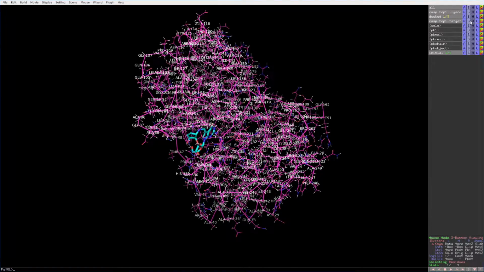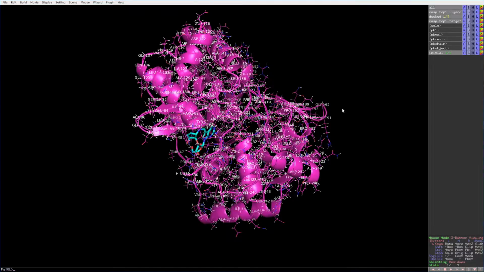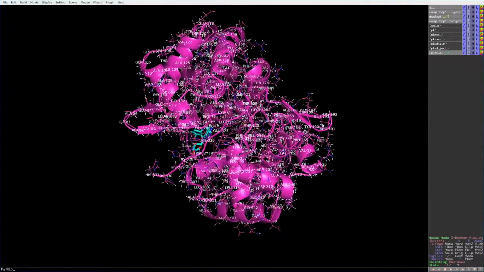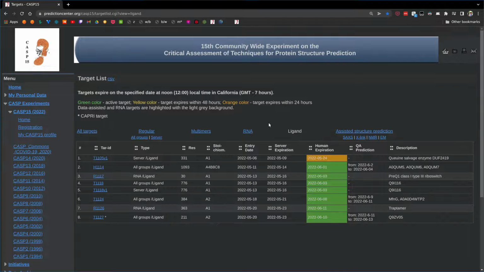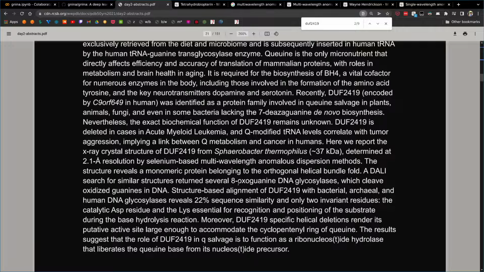We could show that with the cartoon. 331 residues, so not too big, not too small. The structure reveals a monomeric protein belonging to the orthogonal helix bundle fold.